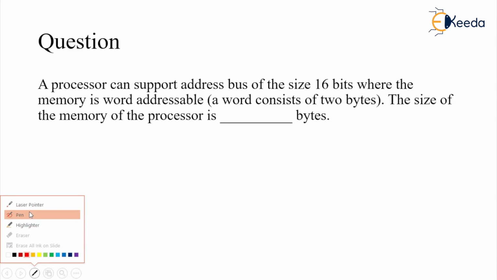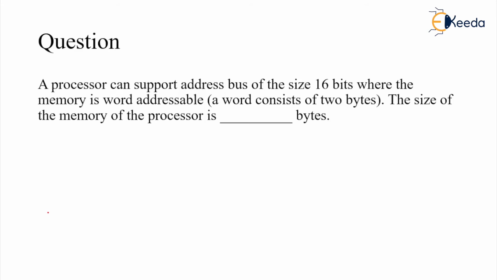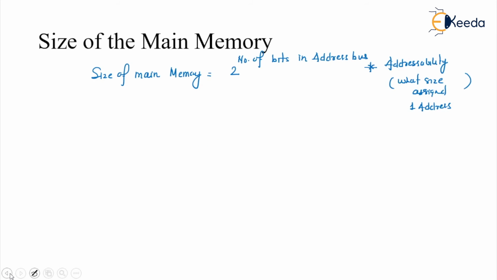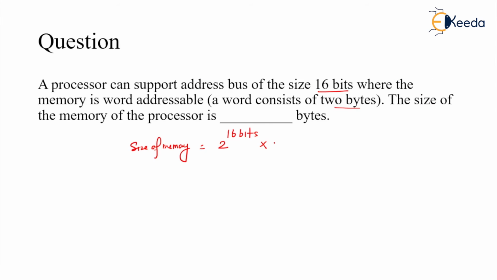The next part is a question related to this. It says that a processor can support an address bus of size 16 bits where memory is word addressable with a word size of 2 bytes. The size of the memory of the processor is blank bytes. So what is the formula here? Size of memory is equal to 2 to the power of the number of bits, here 16 bits given to you, multiplied by addressability, and here it is word addressable with a word size of 2 bytes.